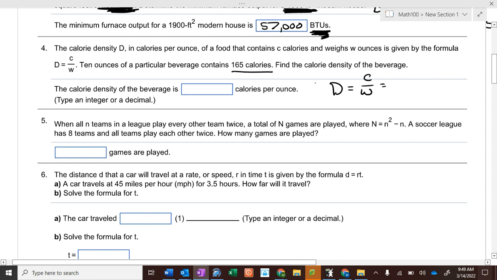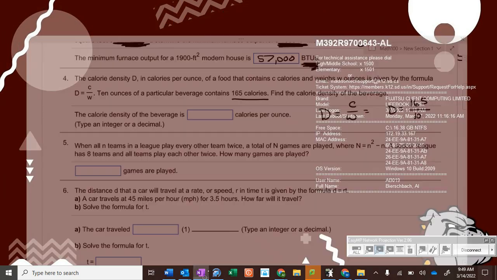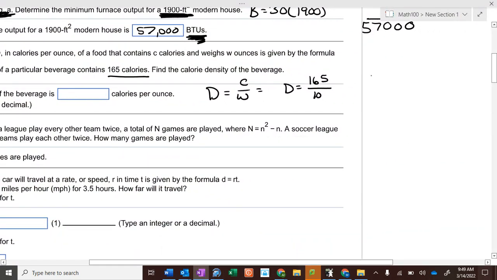Now, 165 calories you're given, and you're told that it's 10 ounces. Okay. So 165 divided by 10.